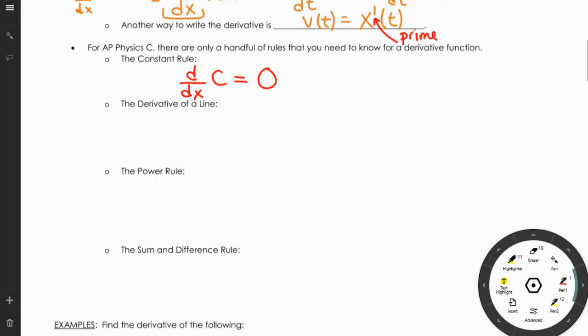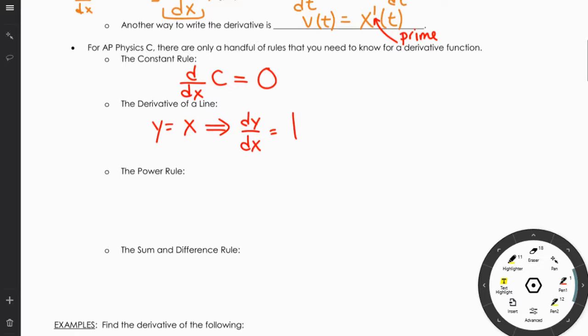Okay, the derivative of a line. So let's say y equals x. If I want to find dy/dx, the derivative of a line, in this case if it's y equals x, is 1.